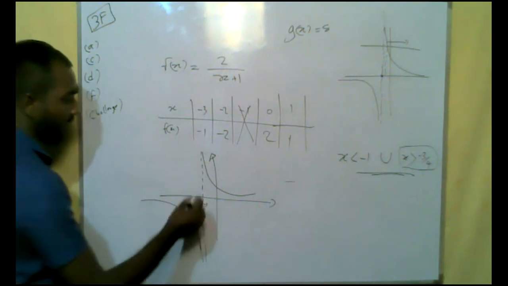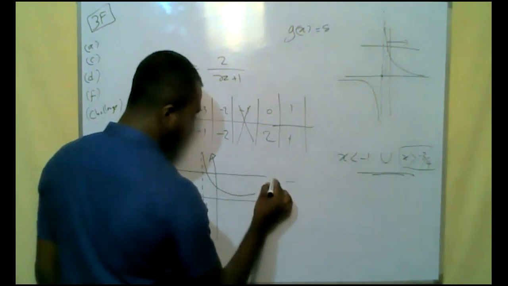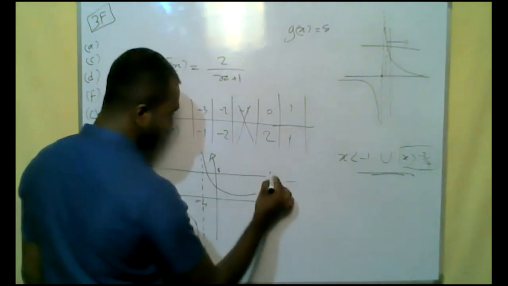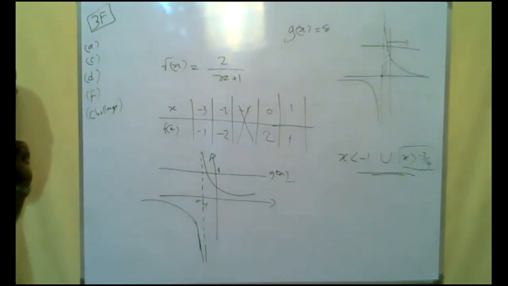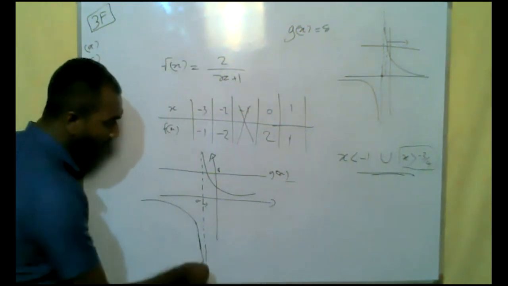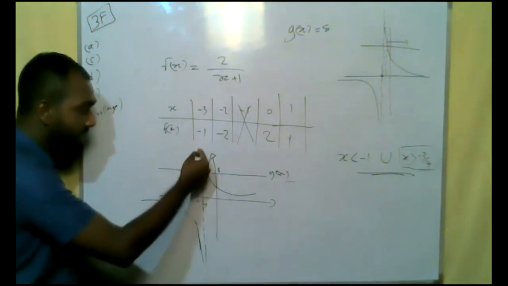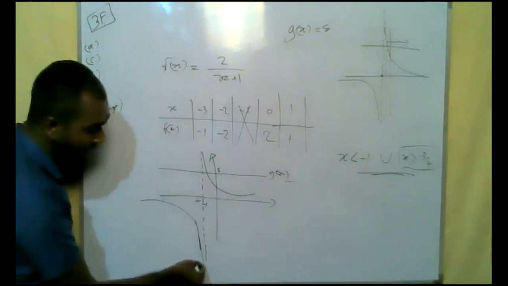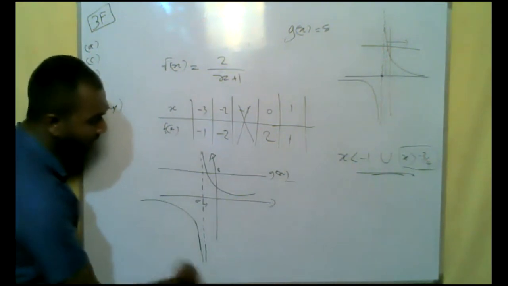So we get only one cutting point if we draw g(x) here. The reason we are not getting 2 points of intersection is this: after this minus point, it's not starting from plus infinity, it jumps to the minus infinity and comes. So it's like it is starting from minus infinity.